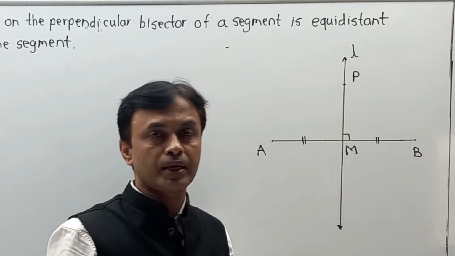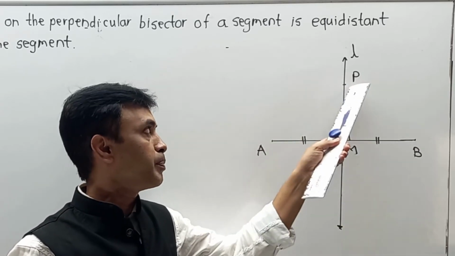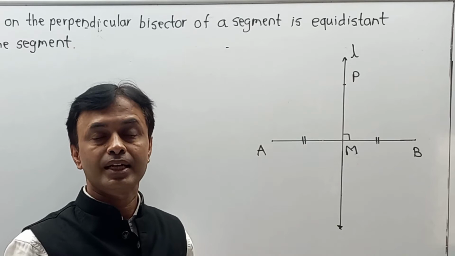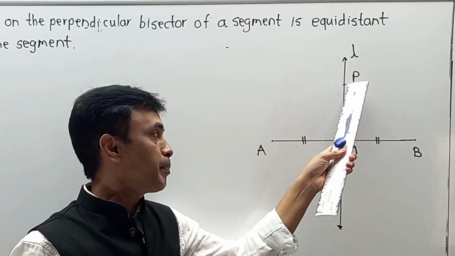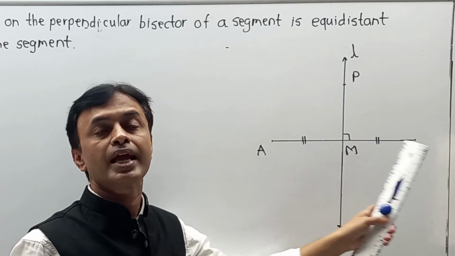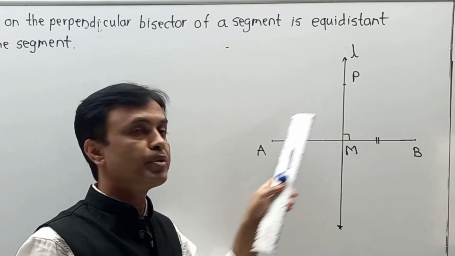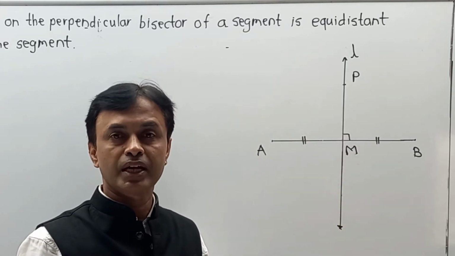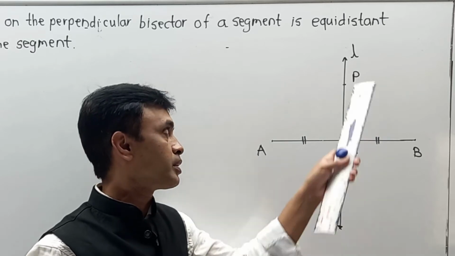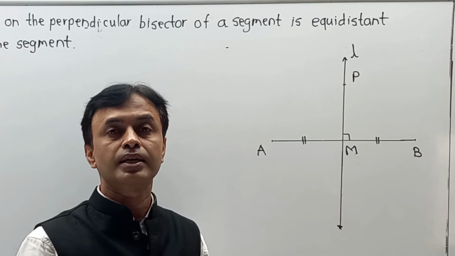If point P is on line L, then we have to prove that this point P is equidistant from A as well as B, because these are the end points. That means we have to prove that PA is equal to PB. Definitely in that case we have to do a construction, that is, join PA as well as PB, and we are going to write that in the construction.